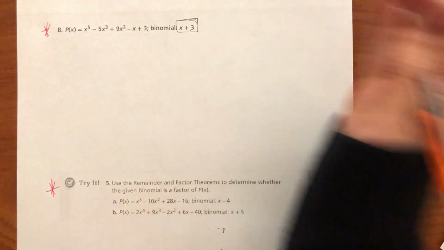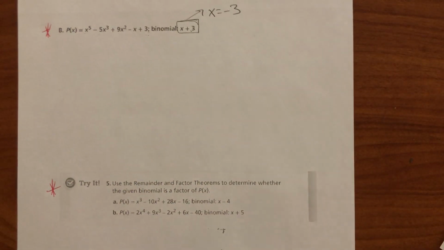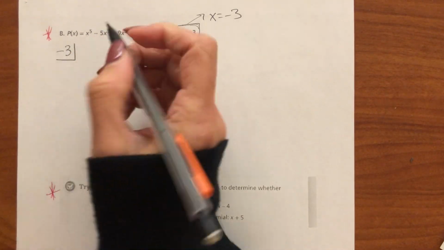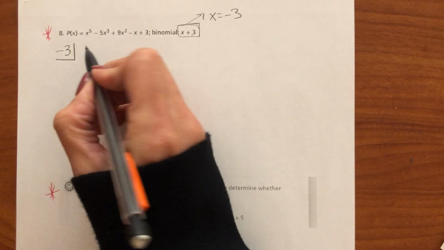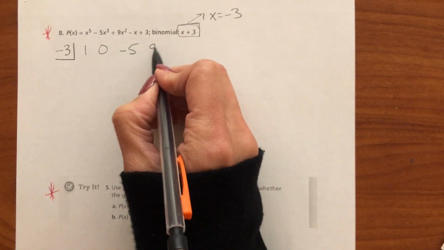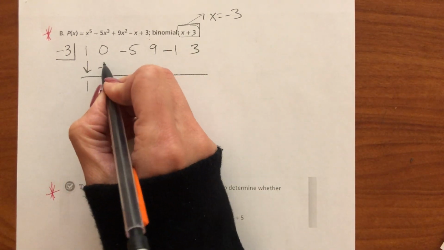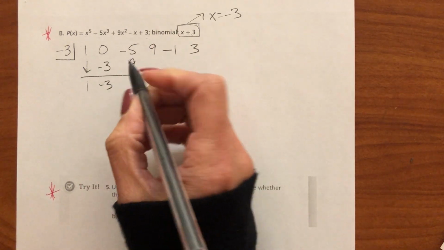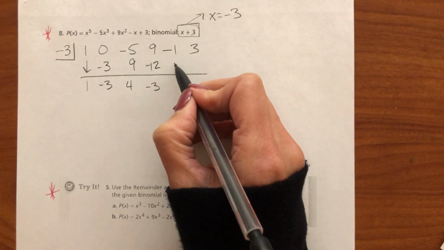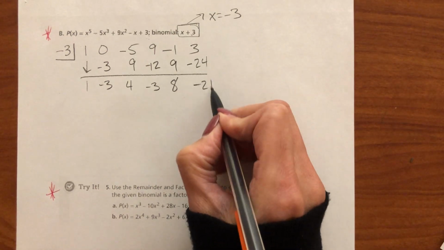All right, so to check your work here, you'd start by saying that x is -3. So if you're using the synthetic division method, you would divide by -3. Missing your x to the 4th there, so fill in a 0. Multiply, add, multiply, add, multiply, add, multiply, add, multiply, add.